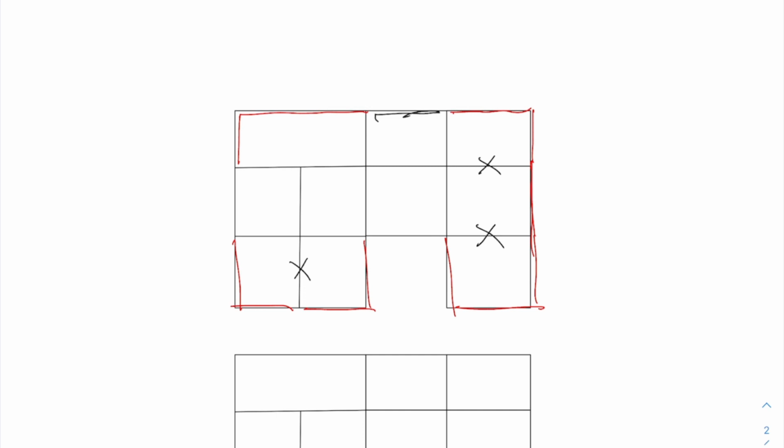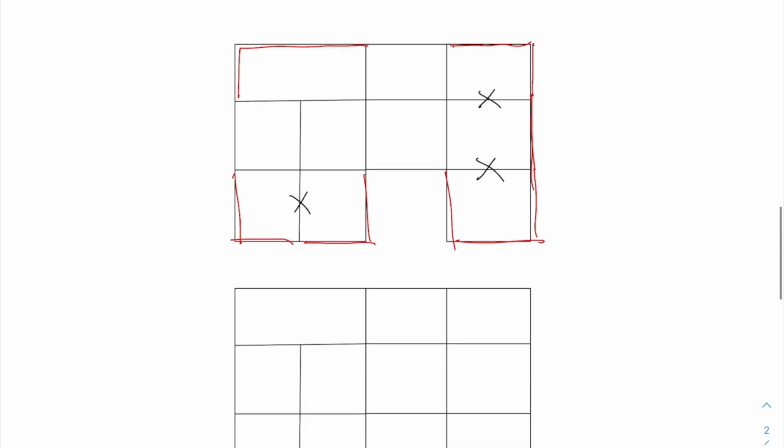How do you know you have to do that? Because if you go down any further, you would create a subcircuit. Or the one from below was already going up, straight up from the bottom. If you had gone up here, you have to go across.